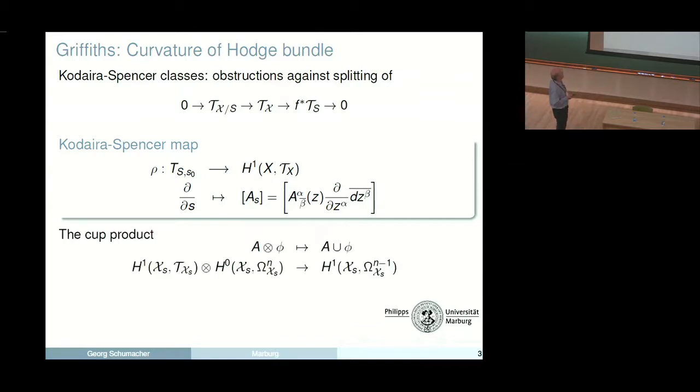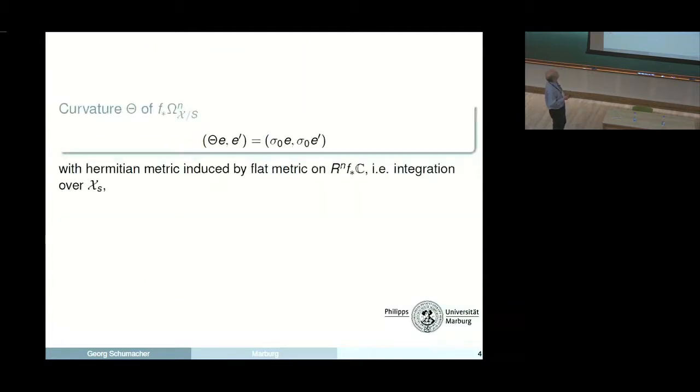All right. Now one can easily see that there is a cup product of such forms, a contraction with canonical forms, and so we get from the Kodaira-Spencer class and the canonical form an (n-1,0)-form. And so in Griffiths' notation, one would put the tangent sheaf of the space at the bottom to the right-hand side, and the curvature was computed.